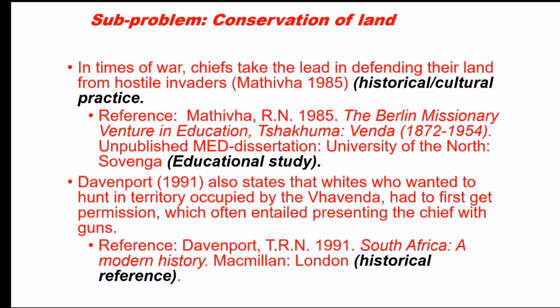And look at the reference there: Davenport TRN 1991, South Africa, A Modern History. That is why I said this was a history book. It was not a nature conservation book. So I was correct in referring to it as such from the literature map.